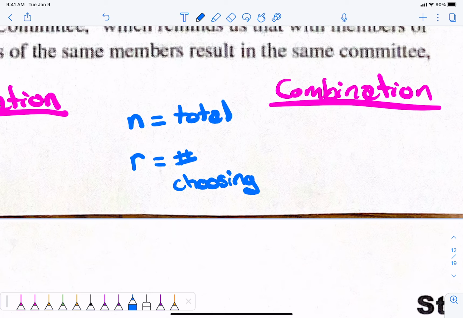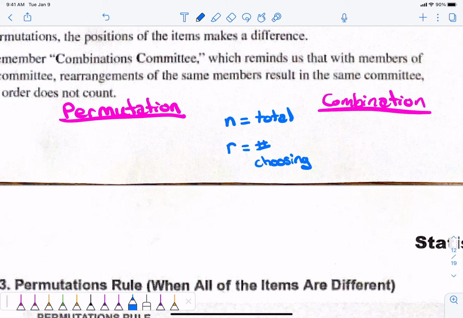So N and R were both 9, right? But we have N, the total, and R, the number choosing. Permutation, you're going to enter into your calculator as nPr. Combination, you're going to enter in as nCr. nPr versus nCr.